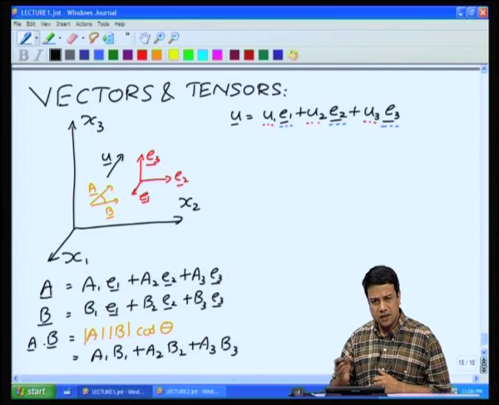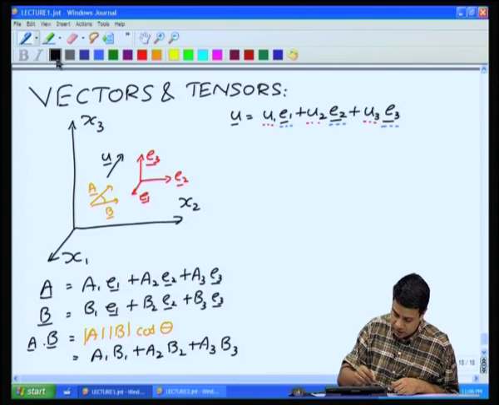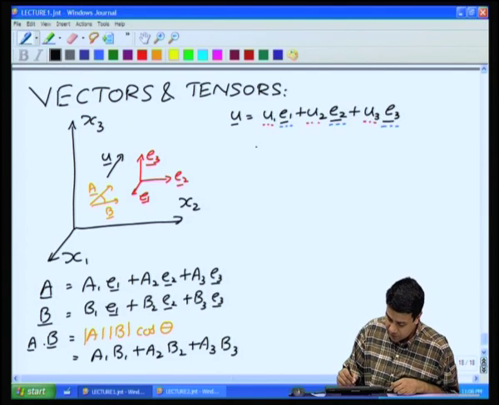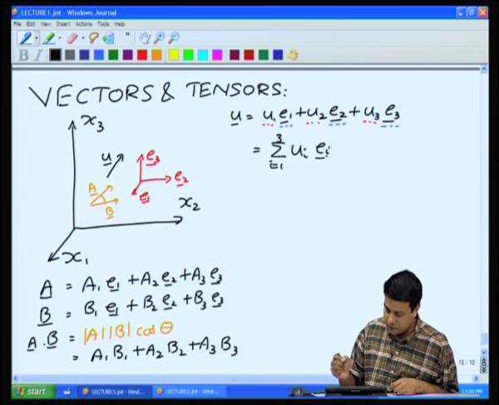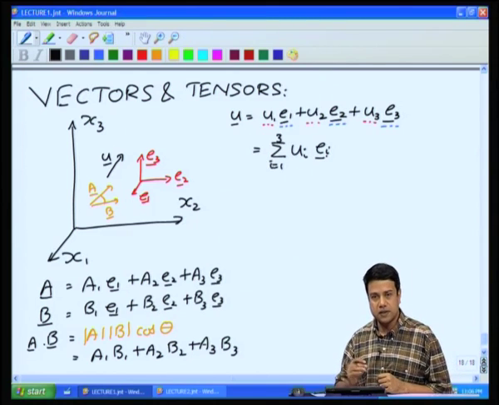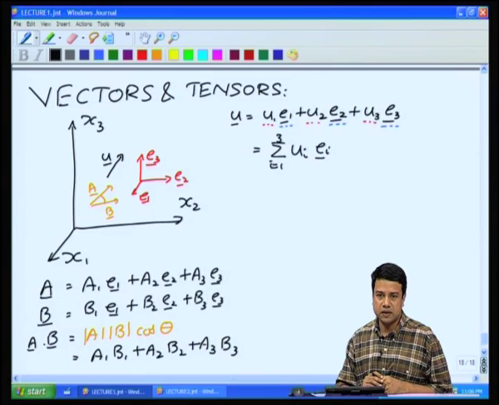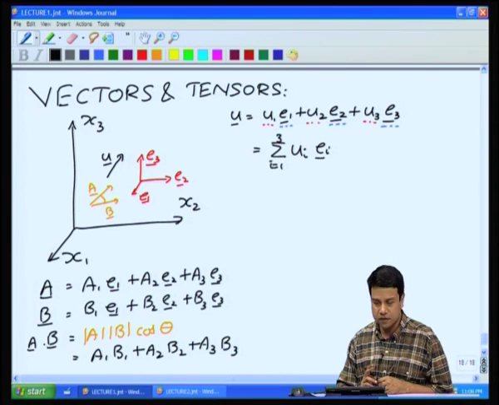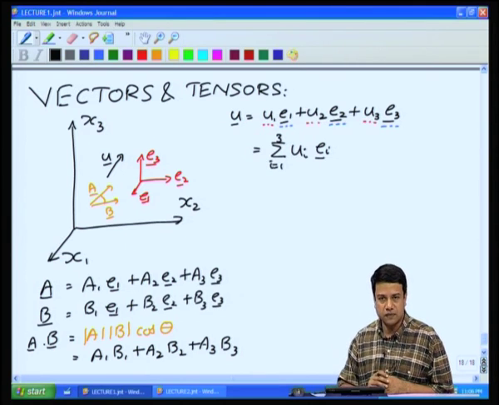Now, rather than write these vectors out in long notation, I can just write it in a simplified form. I write this as summation i is equal to 1 to 3 of ui times ei vector. So, if i is equal to 1, it is u1 times e1 vector, i is equal to 2, it is u2 times e2 vector, and i is equal to 3, it is u3 times e3 vector. So, that gives us the long form that we had above.